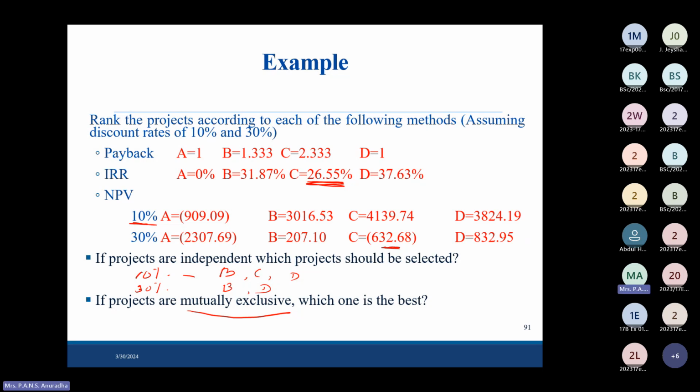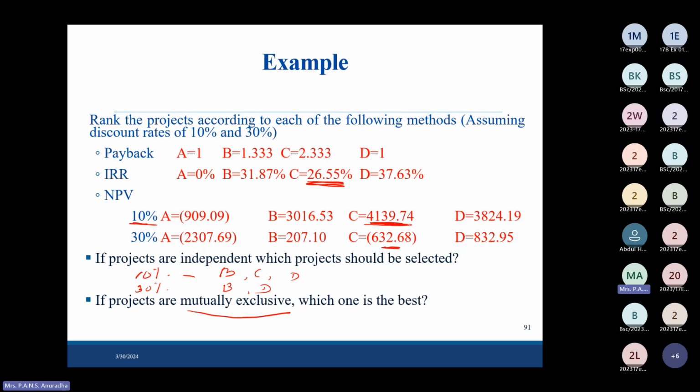At 10% cost of capital level, which is the best? If projects are mutually exclusive, you can't accept all. Project D has 3,824 NPV. At 10%, you can see this is the one with the highest NPV.